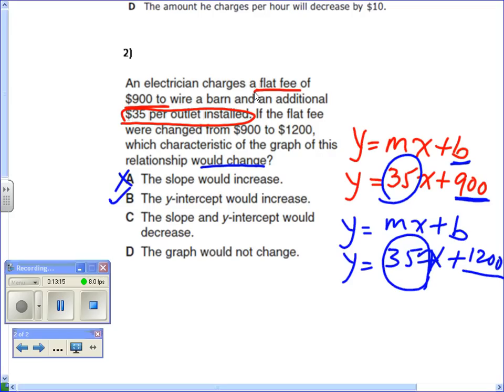And if you look at the rest of them, the slope and y-intercept would decrease: the slope stayed the same, and the y-intercept did not decrease. That did not make any sense. And the graph would not change. Definitely the graph would change in this case because the beginning point is different. So we would pick the answer choice which says the y-intercept would increase and not any of the other choices.